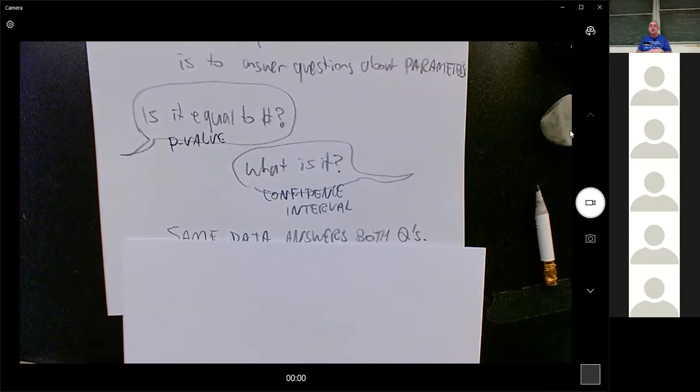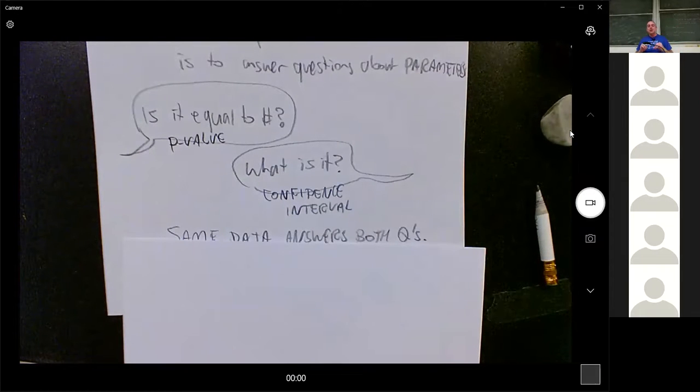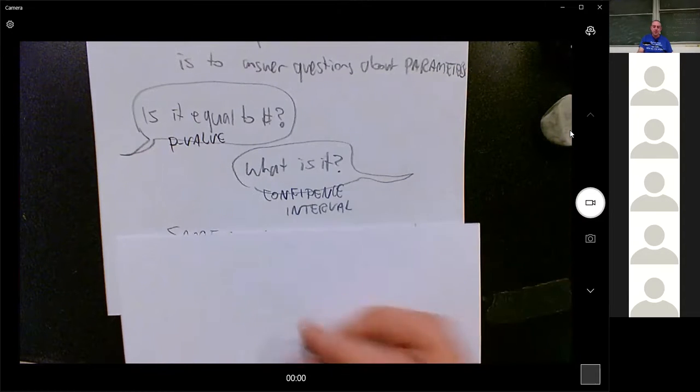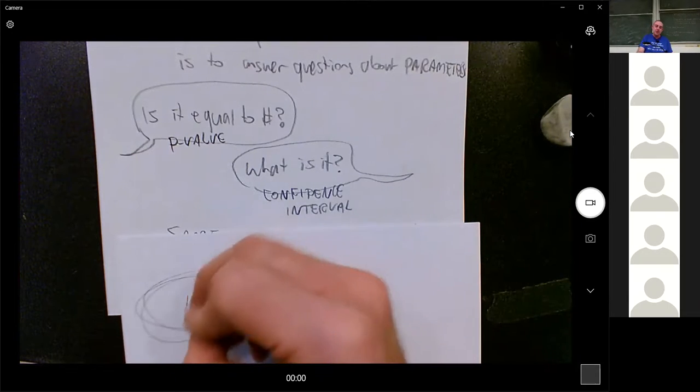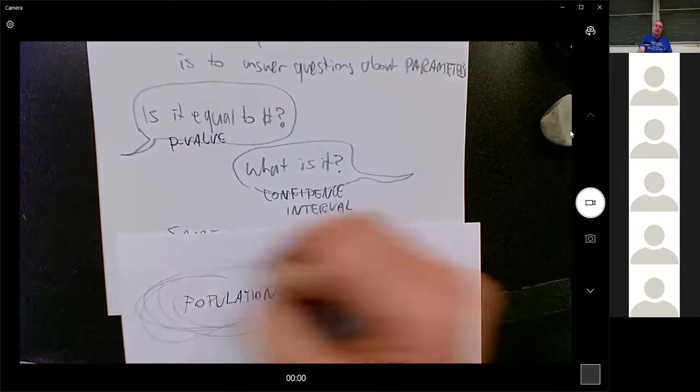All right. So that's the big idea, but there's a little more to it than that. I'm going to collect some data from my population. This is my imagining of the population, which may not exist yet when you collect the data.